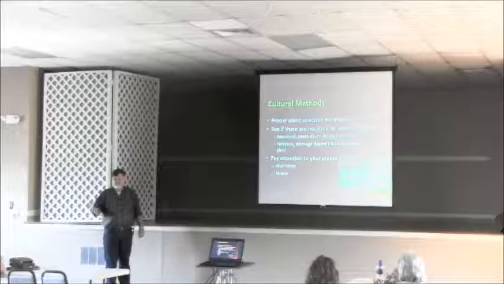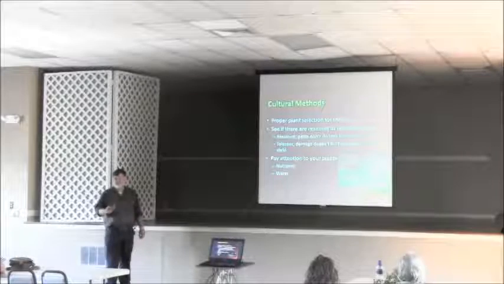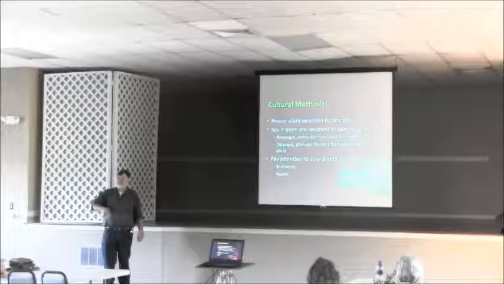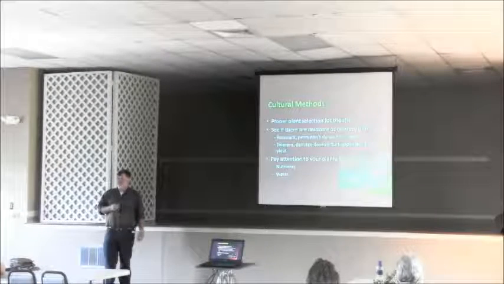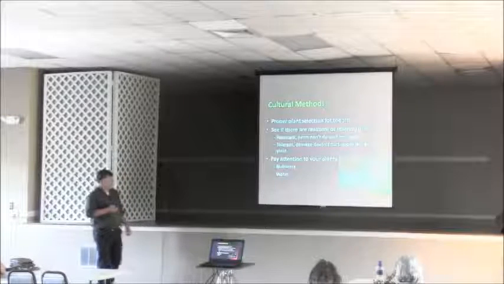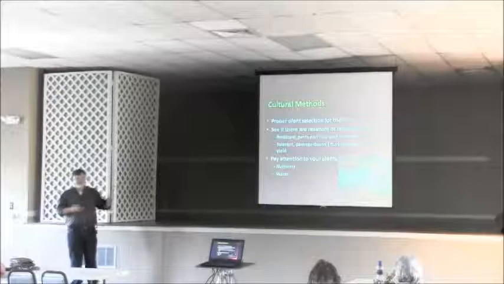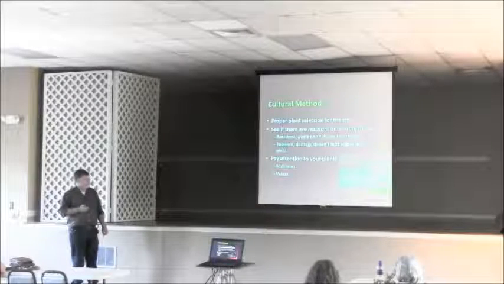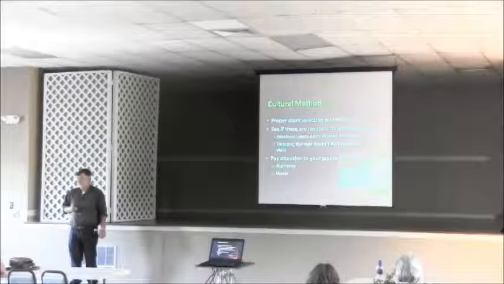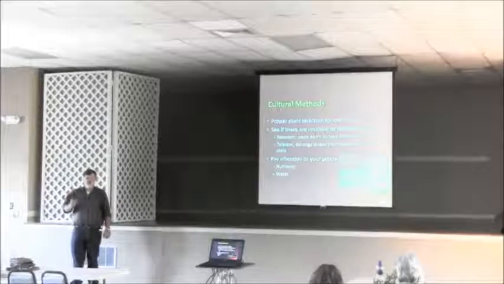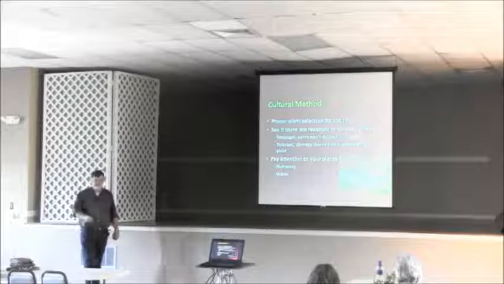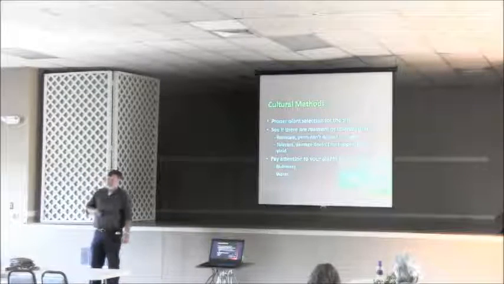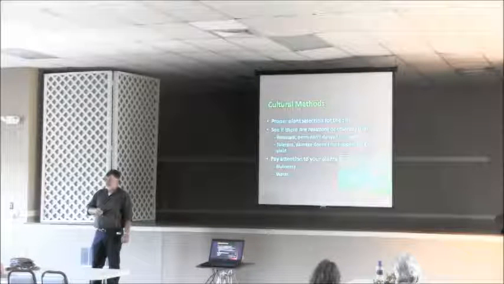So, resistant means the pests don't do well on it. Tolerant means even though you got the pest, you're going to still get a similar yield. It's not going to knock you back on the yield that much. Pay attention to your plants. Watering and nutrients are very important. If we over-fertilize plants, that's like a feeding stimulant to certain insects.